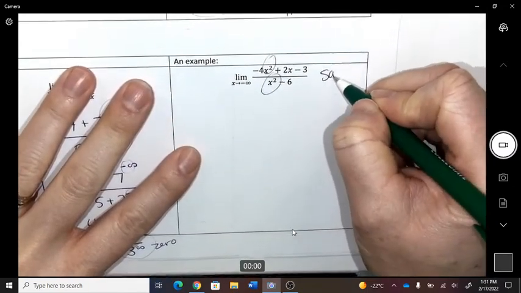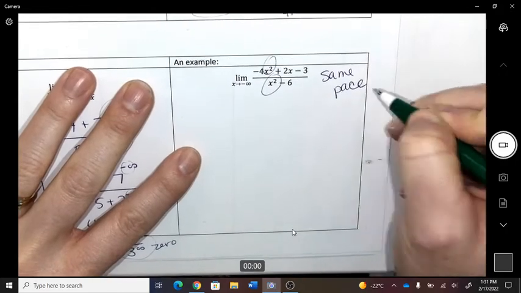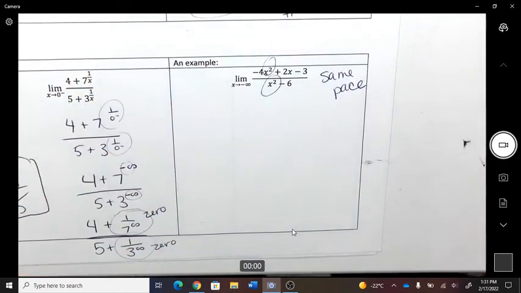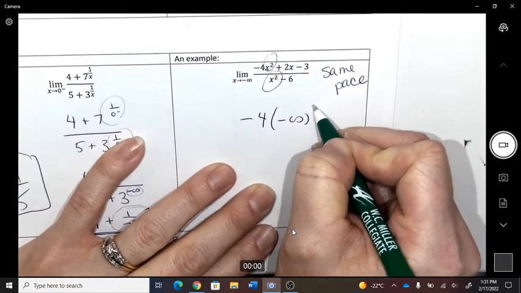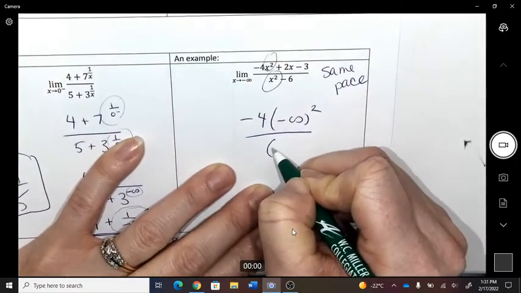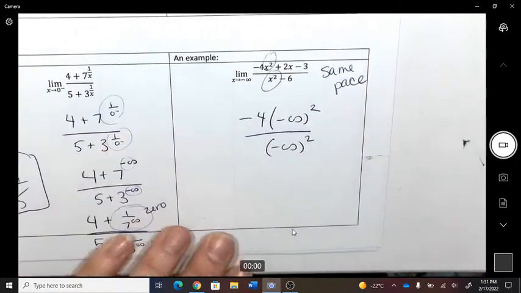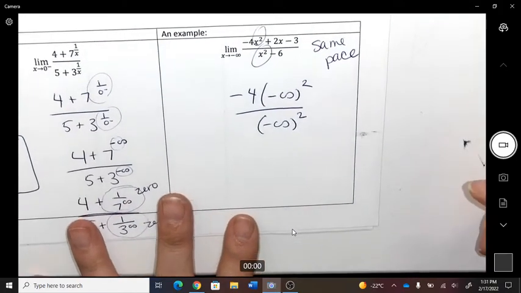So this is going to be the same pace. So we're going to have to do some kind of division and figure out, so I'm going to have to think about this. What's happening here?